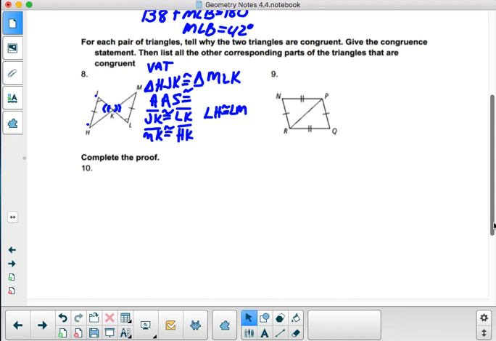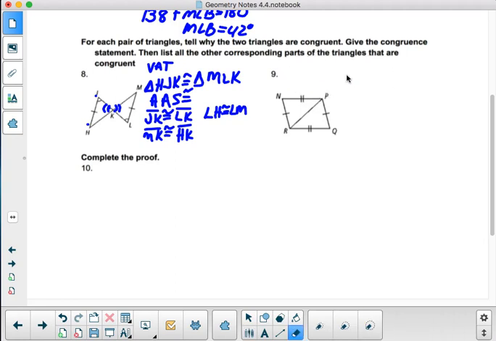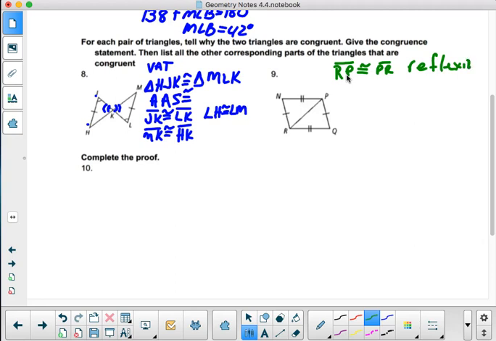Now, in problem 9, we're looking at this setup. I know that because of reflexive, segment RP is congruent to segment PR. So now I know the triangles, and I'm going to start at RNP.